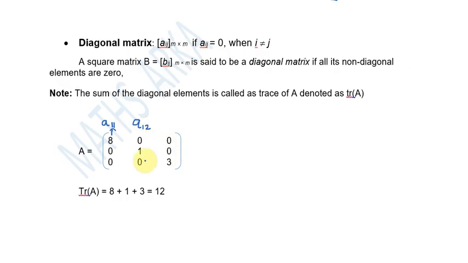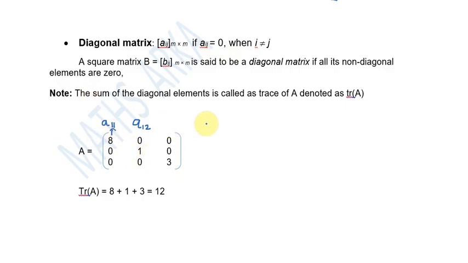Similarly for others. We could also denote it as aij, m cross m, since it is a square matrix, and aij is equal to 0 when i is not equal to j, and it could have non-zero numbers only where i is equal to j. Those are the only possible non-zero elements.